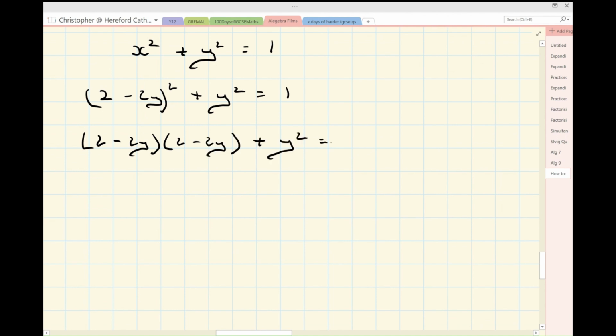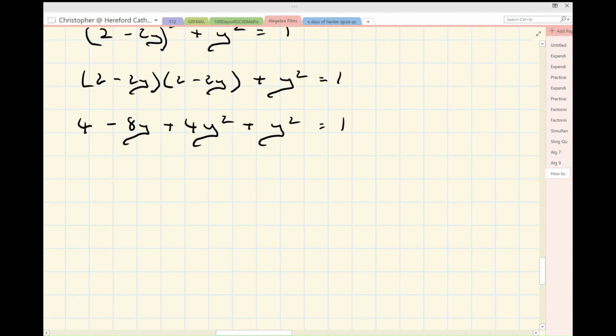Copy down the rest. 2 2s are 4, minus 8y, plus 4y squared, plus a y squared. Okay, tidy up the left-hand side. 5y squared minus 8y plus 4 equals 1.